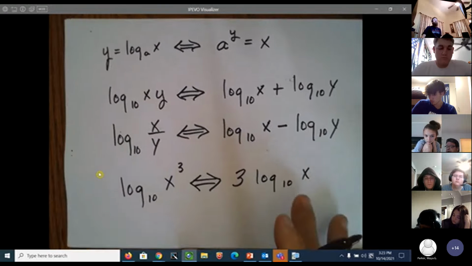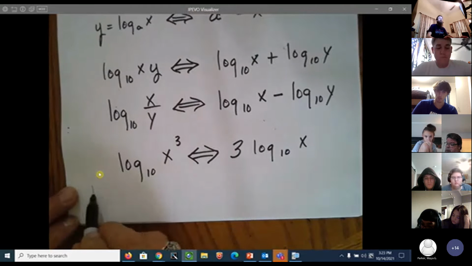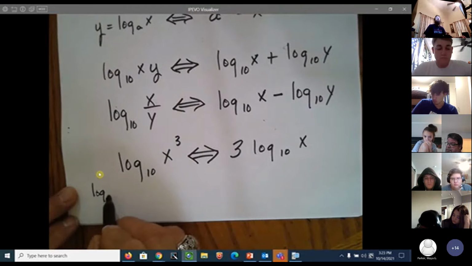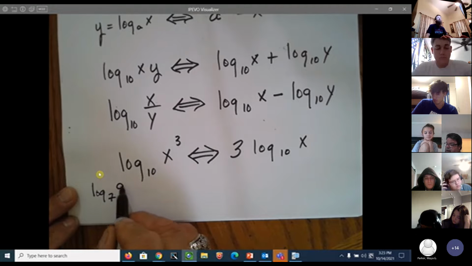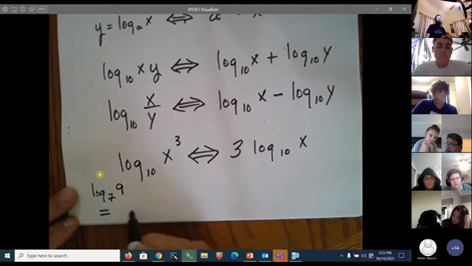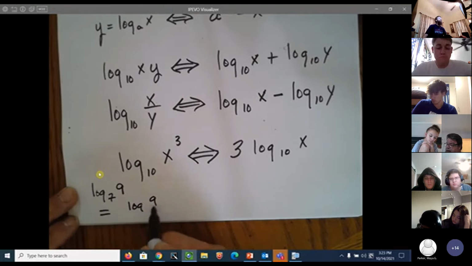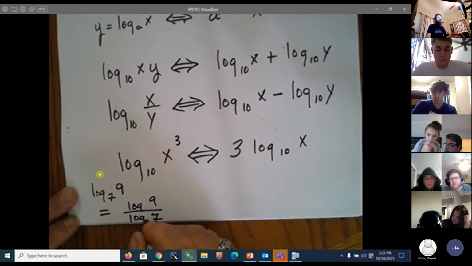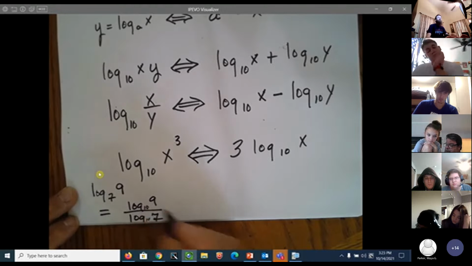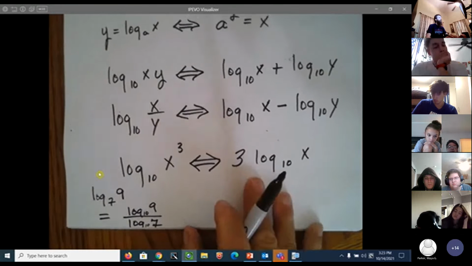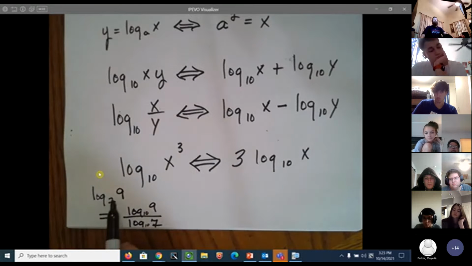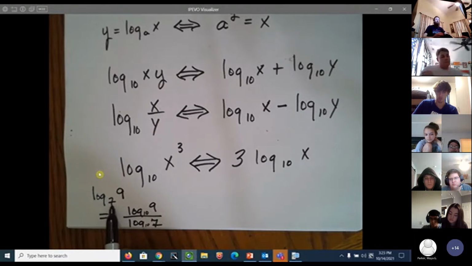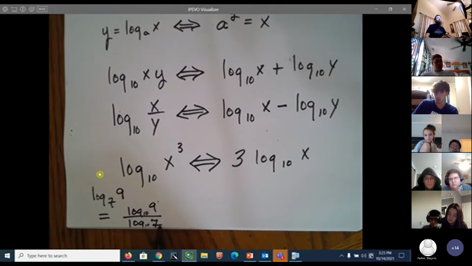The change of base formula, log base 7 of 9 is equal to log of 9 over the log of 7. And that's base 10 or base e, either one. In other words, if you're given a logarithm to a different base than the calculator can do, which is anything but 10 and e, then you have to put it over itself. So log 9 over log 7.